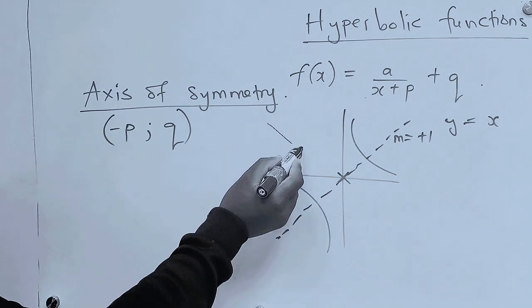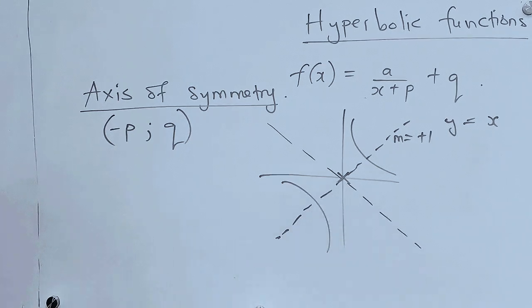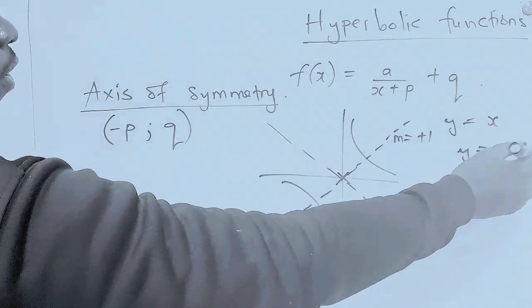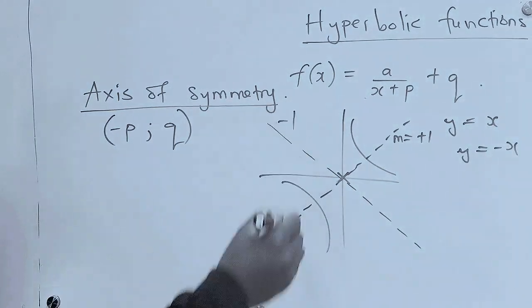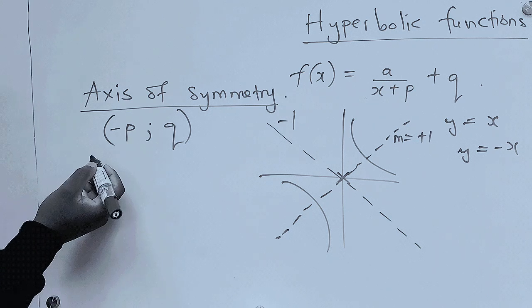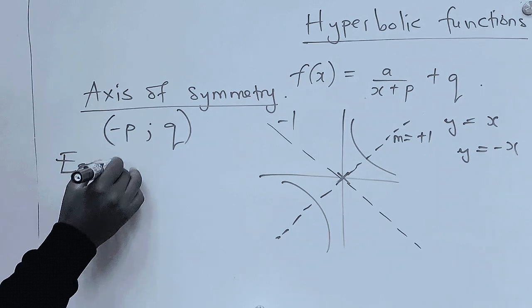Then we have another line of symmetry which passes through this point. Now this one is parallel to the line y is equal to negative x, so our gradient will be negative 1. The only thing that we need to find is the y-intercept, that point C. So the equation of the axis of symmetry is calculated like this.